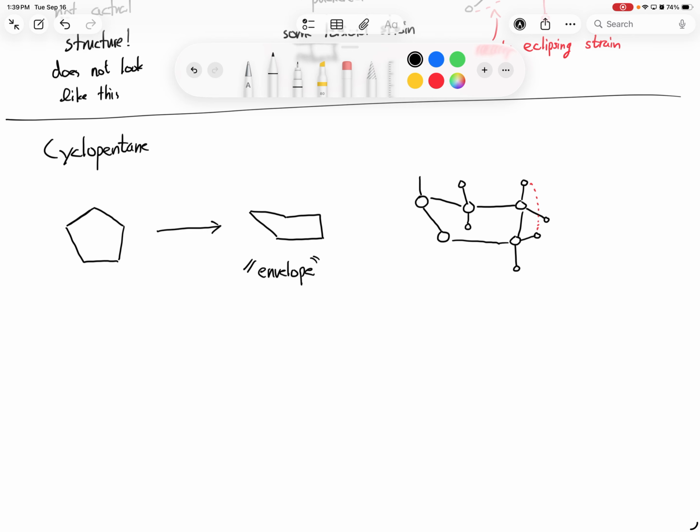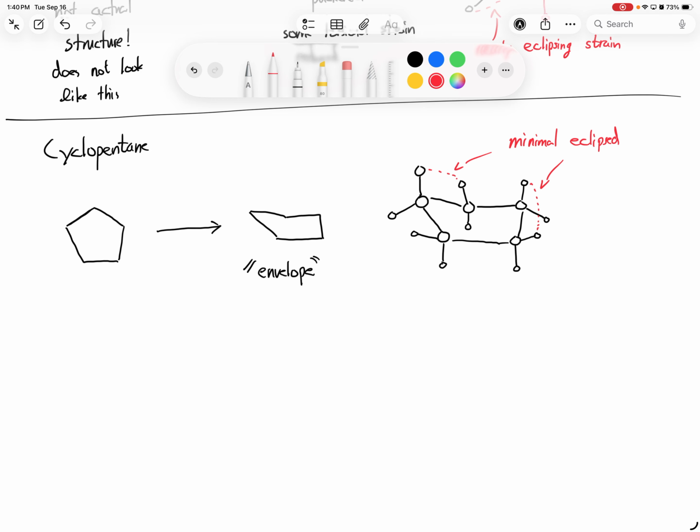So these are the smaller hydrogen atoms. We have another interaction here. I know it's not drawn to scale, but these right here have minimal eclipsing strain.